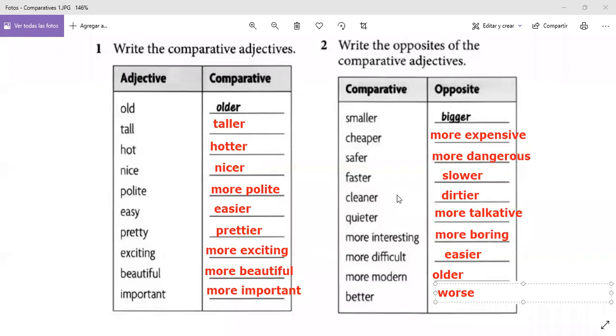I need you to compare 2 things. Let's start with Marjorie. It can be an animal, people, or places.